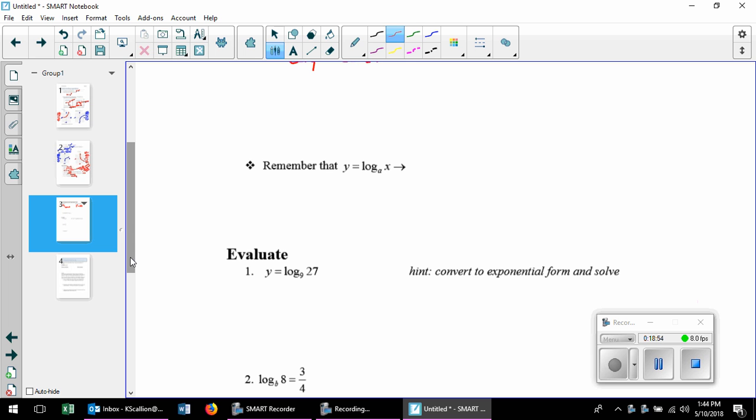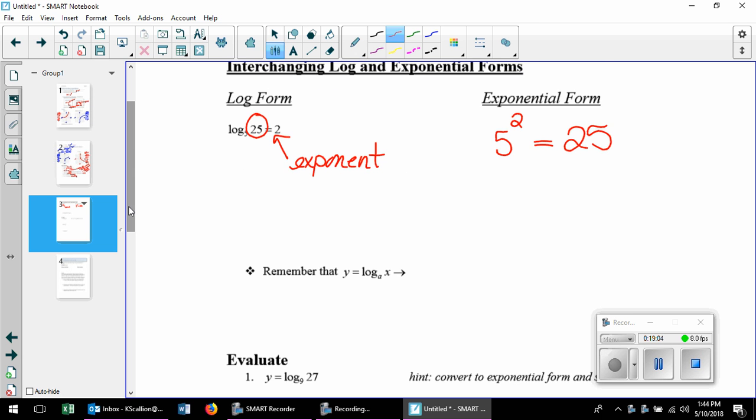You guys have to be pretty careful with how you write things. Some of you tend to be a little bit sloppy. If you did this, no problem.